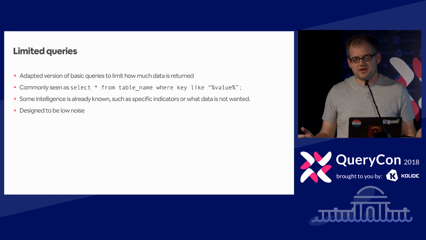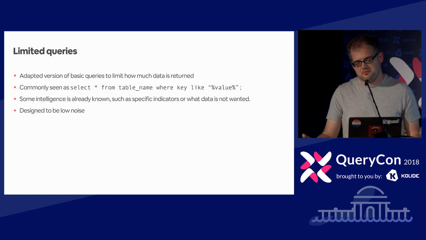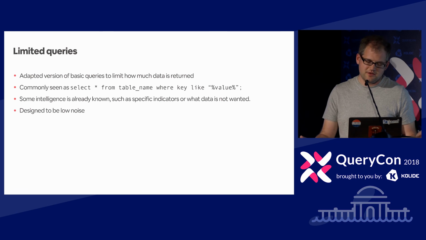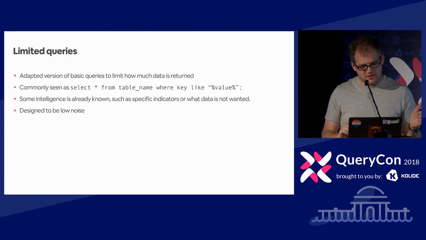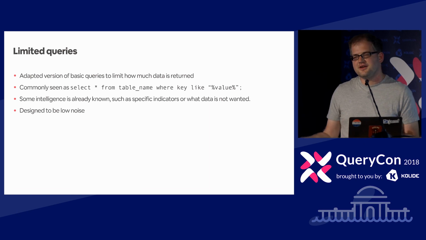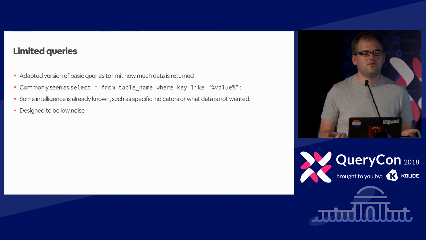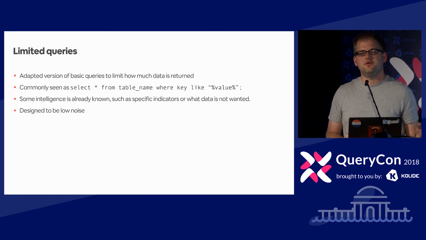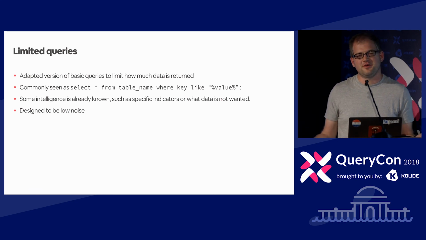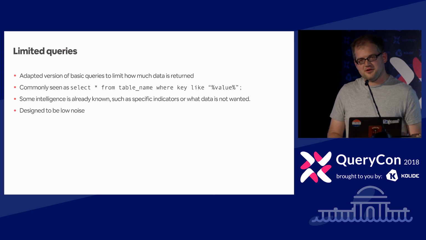If you're looking for users, you might key off what the UID is, or you might look for a string and match on a substring. You already have some intelligence that you've defined of the data that you want, but you don't have quite everything. So you don't want to get all the data the table can give back to you, just some of it. You're designing these to be low noise, but you're intentionally throwing some data away.